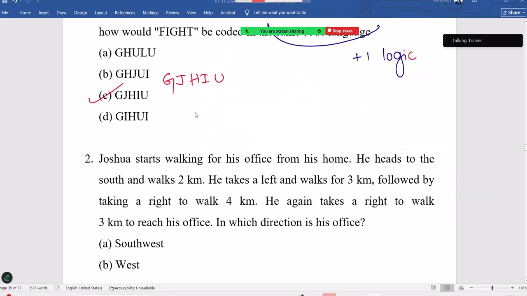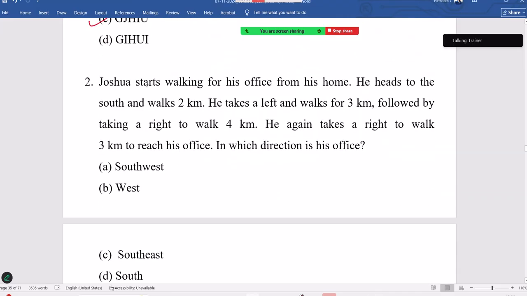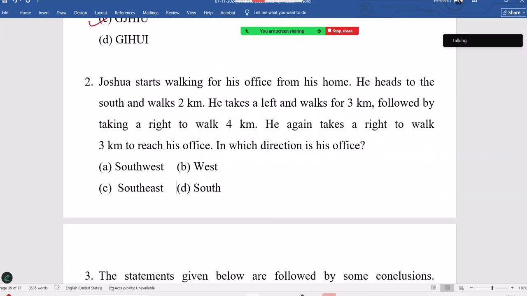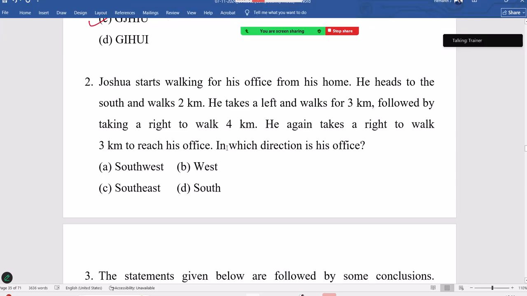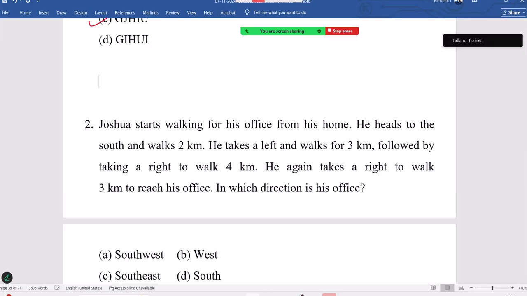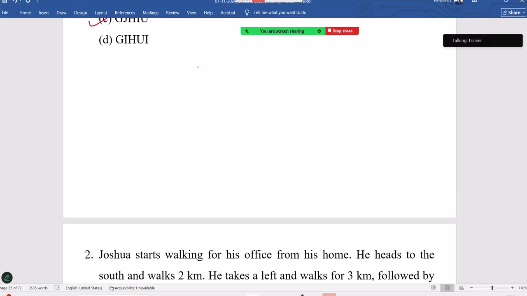Now let's focus on the second question related to directions concept. Certain questions, no need to write the diagram, especially related to directions. If you know one point, left is anti-clockwise, right is clockwise.